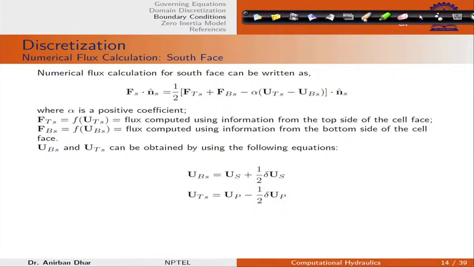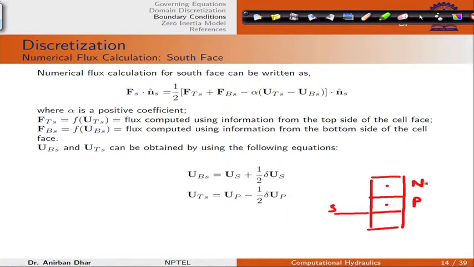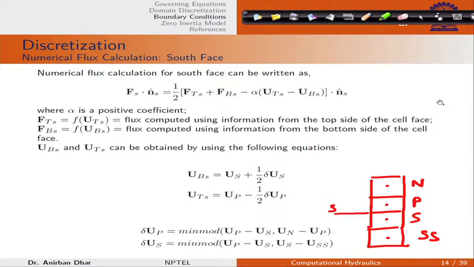Similarly, if we have component on this side, so that means this is south face, we have P, this is north, this is south, and you can have SS or south cell there.